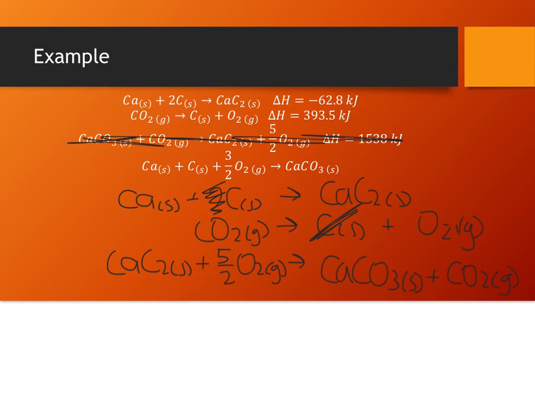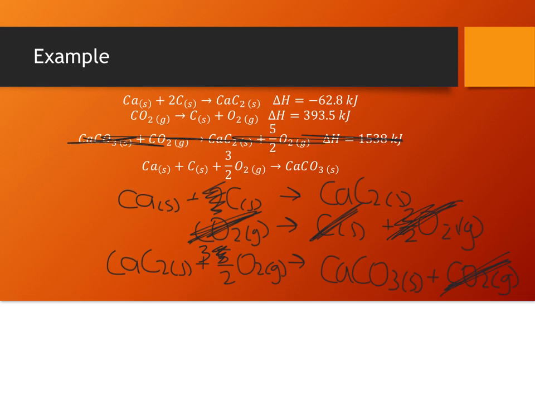That'll take off that 2, so we just have 1 carbon. We have a carbon dioxide here, and we can cancel that off here. And we have 1 O2 over here, which I'm going to rewrite as 2 halves. 2 halves, 5 halves. 5 minus 2 halves gets us 3 halves, which is exactly what we want.